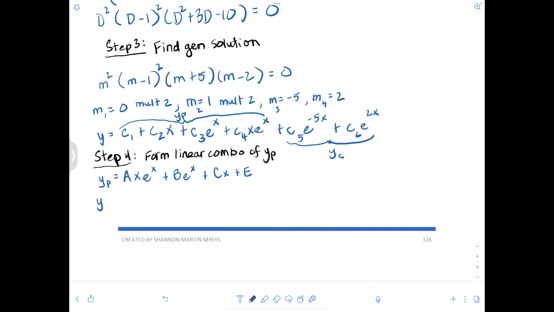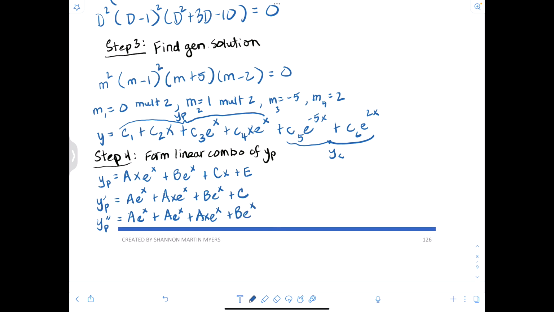Now, yp prime will be, we'll have a e to the x plus a x e to the x for that product, plus b e to the x plus c, and the e zeroes out, and yp double prime will be a e to the x plus a e to the x plus a x e to the x plus b e to the x, and the c zeroes out.